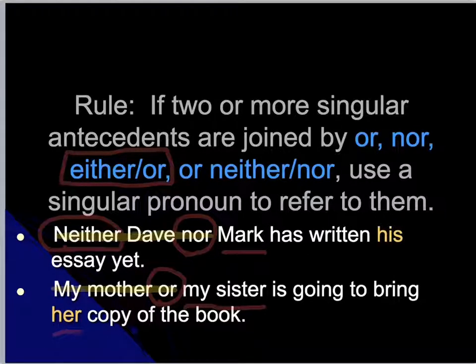Not doing a very good job of crossing them out with my yellow, but if I focus just on Mark and ignore neither Dave nor, and I focus just on my sister and ignore the words my mother or, it will be easier for me to see that Mark has written his essay yet, and my sister is going to bring her copy of the book.